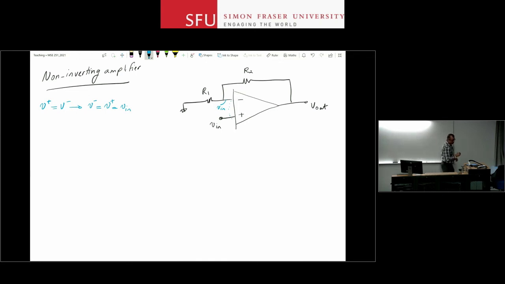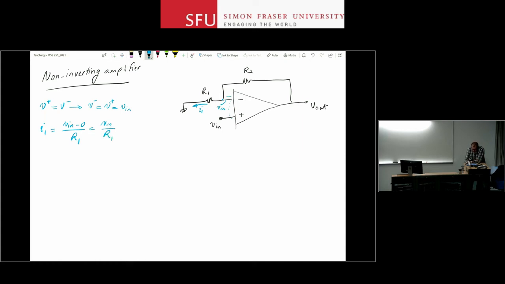Now that I know the voltage here, well, I look at resistor R1, I know the voltage at one end of it, I know the voltage at the other end of it, I can calculate this current. So this current I1 is going to be V in minus 0 divided by R1, or just V in over R1. All right, good.